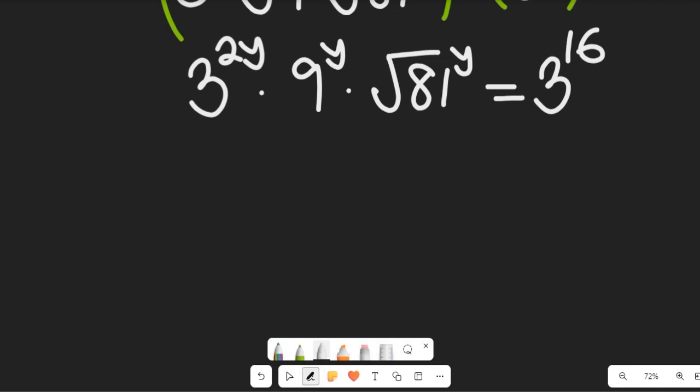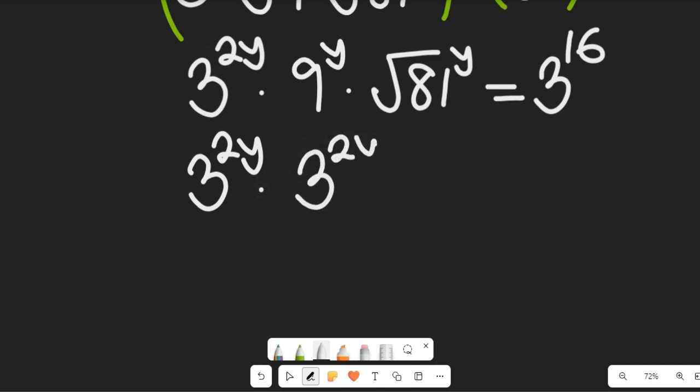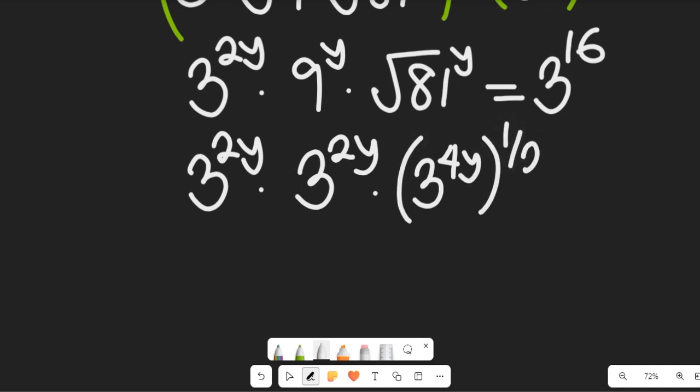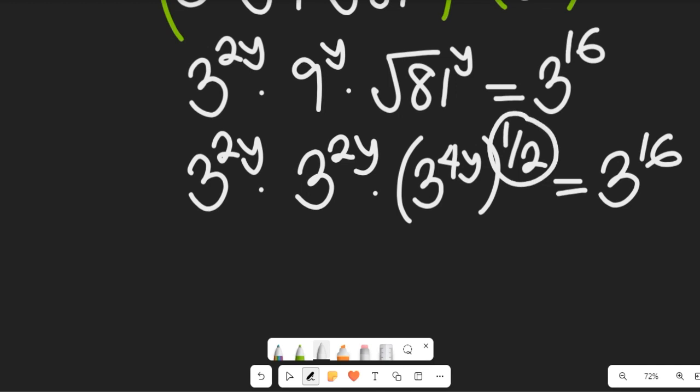Good. So we're going to simplify this. This is going to be 3 to the power of 2y multiplied by 3 to the power of 2y, because this is 3 squared, multiplied by 3 to the power of 4y, or multiplied by 1 divided by 2, and this will be equal to 3 to the power of 16. Wondering how we come about the half? The half is the square root, right?